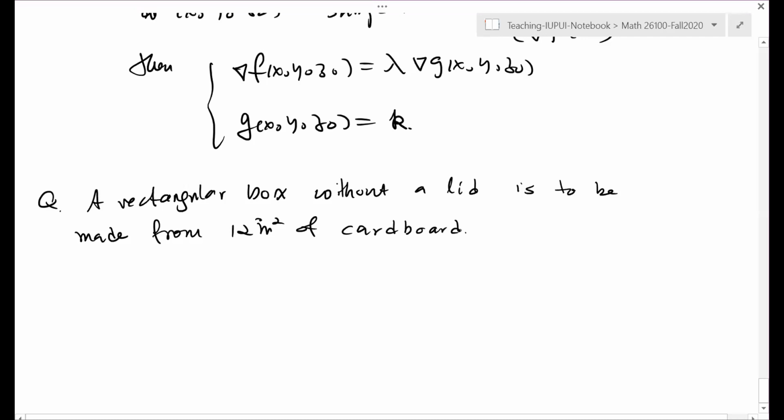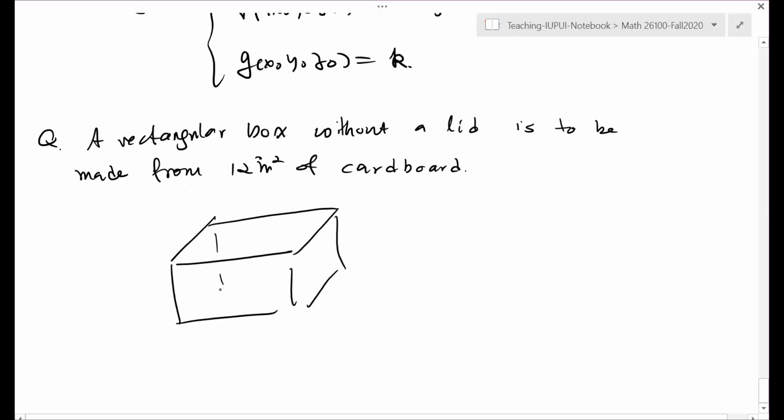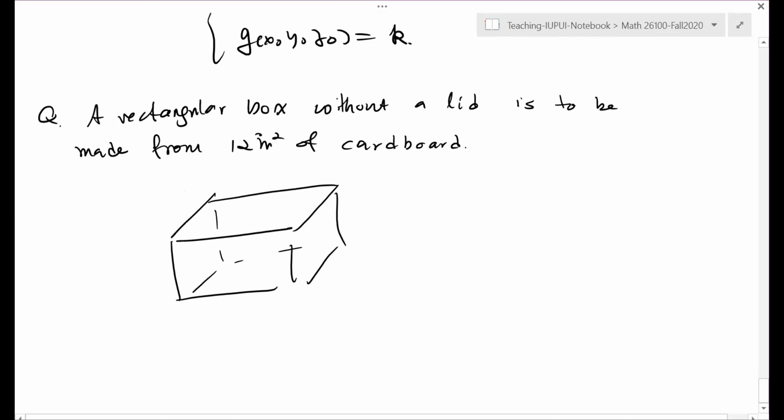So basically, we know the surface area. We just want to find out the maximum volume you can make.